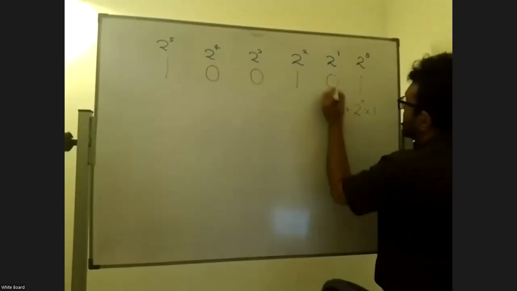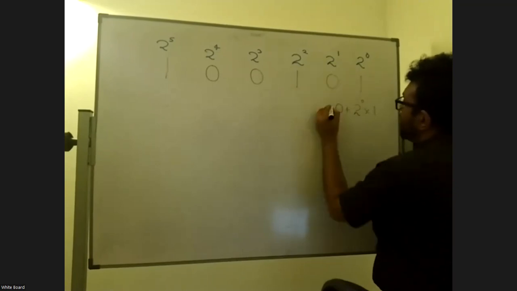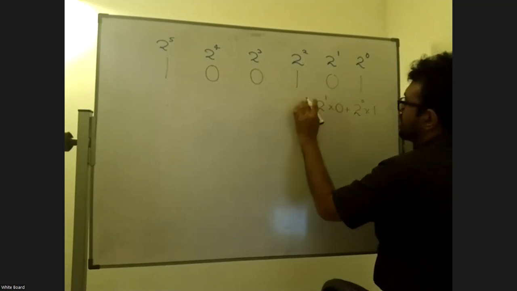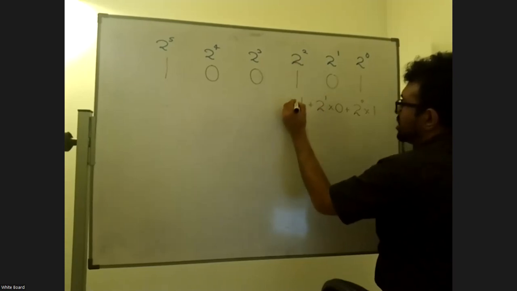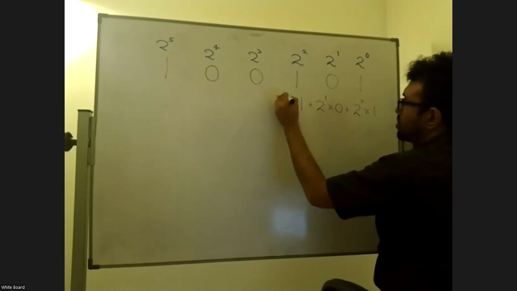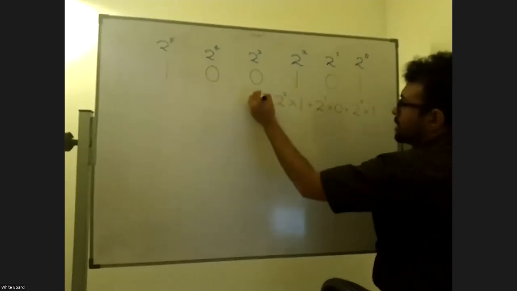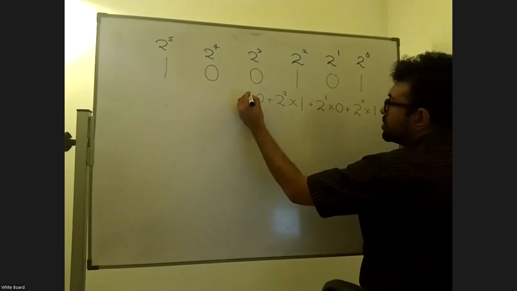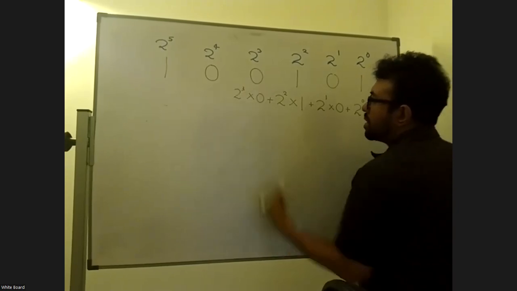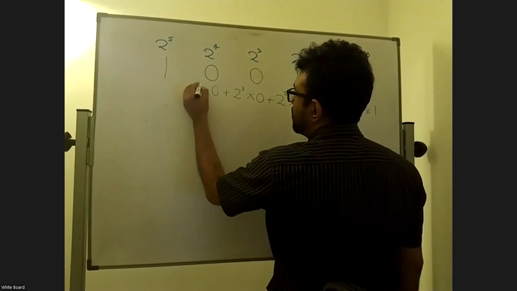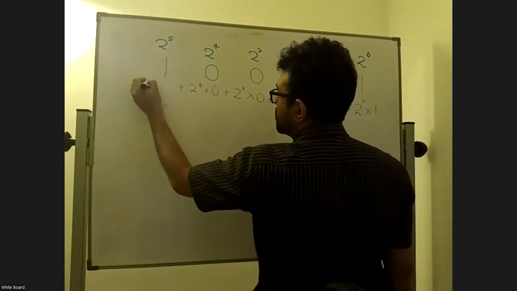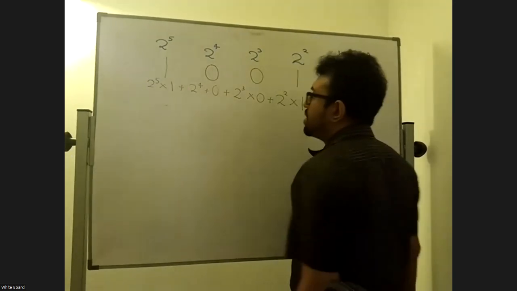Then plus, you have 0 here, multiply it by the place value, which is 1. Again plus, place value is 1 into 2 to the power 2. Place value 0 into 2 to the power 3. Plus 0 into 2 to the power 4 plus 1 into 2 to the power 5. This has to be simplified.